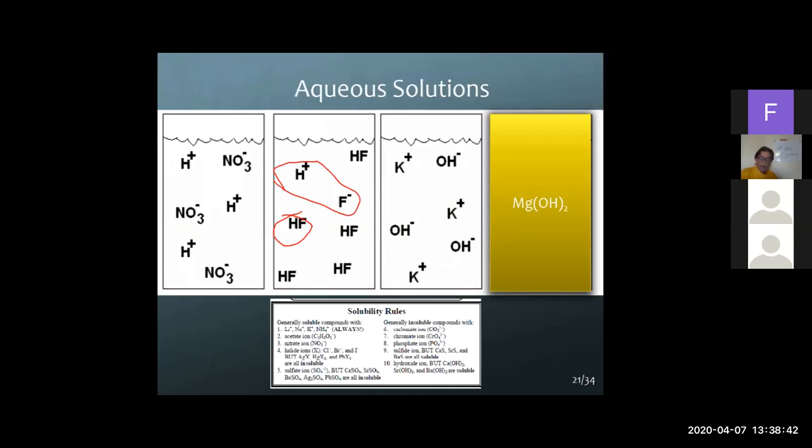And if we look under hydroxide, which is in the right column, you will see that any hydroxide, with the exception of what's bonded on the left side with number 1, is insoluble.